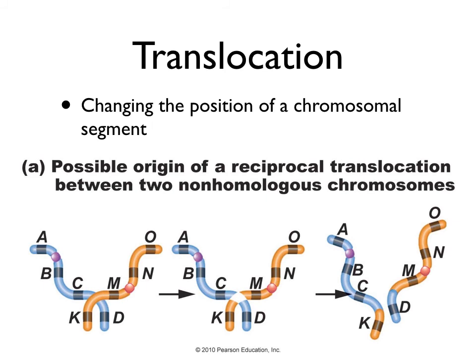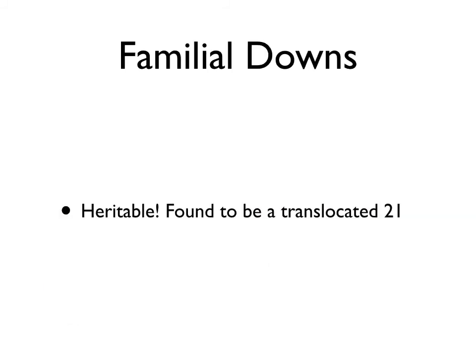But there's more than one way to get there, and there's a really unusual way to arrive at trisomy 21 that was discovered when researchers observed that some families had a higher incidence of Down syndrome than you would expect by chance. And this turns out to be a condition called familial Down syndrome. And it's due to a translocation of a portion of chromosome 21.